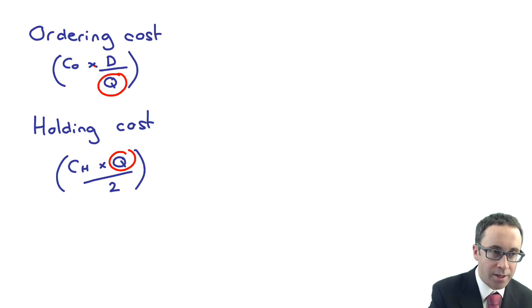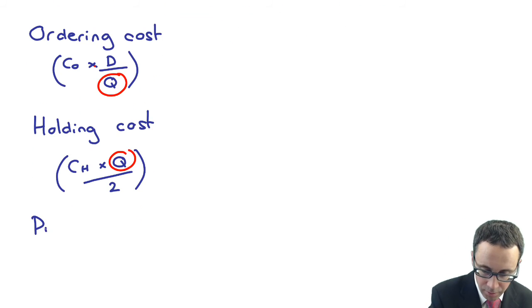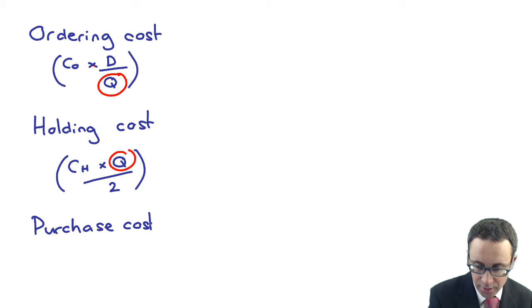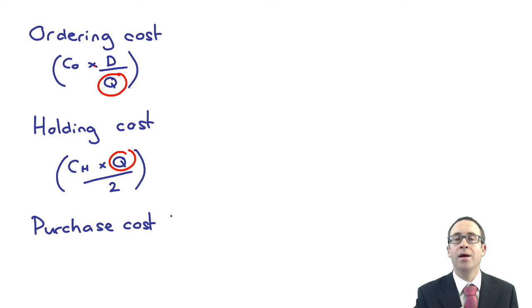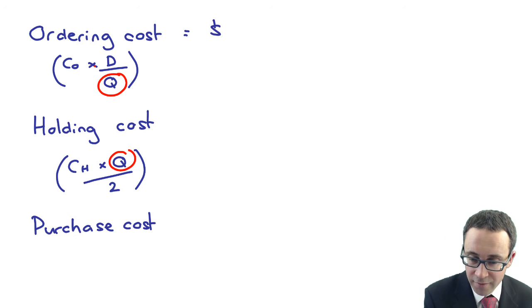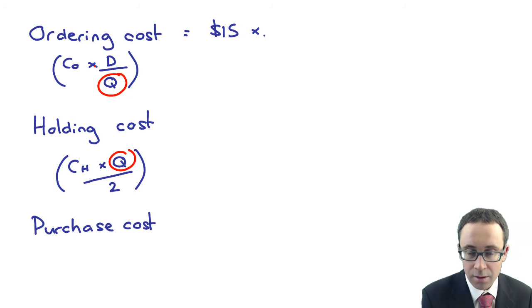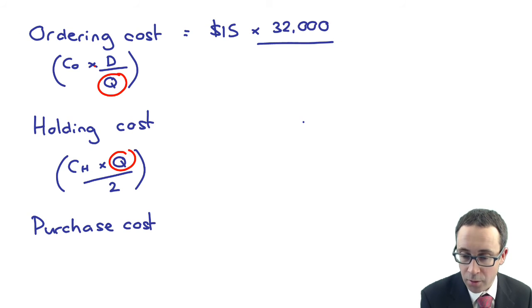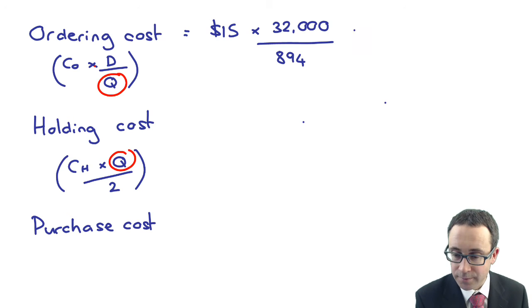And then what we also need to consider is the purchase cost. So looking at the number of units we purchased during the year multiplied by the purchase price per unit, isn't it? So if we look at the ordering cost, I think the ordering cost was $15. The demand, I think, was 32,000, and the economic order quantity was 894, wasn't it?